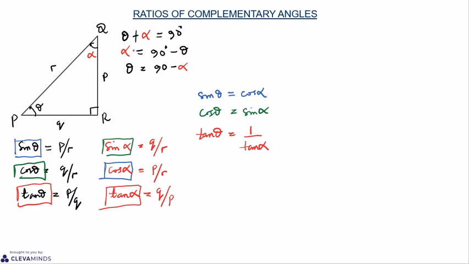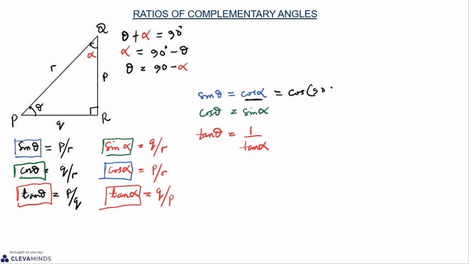Applying the properties of complementary angles, like alpha equals 90 minus theta, we can say that this is cos, using alpha, which is 90 minus theta.